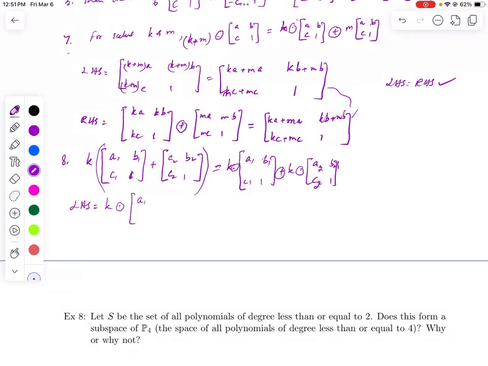We first add the vectors. Then it becomes k into (a1 plus a2), k into (b1 plus b2), k into (c1 plus c2), and 1.